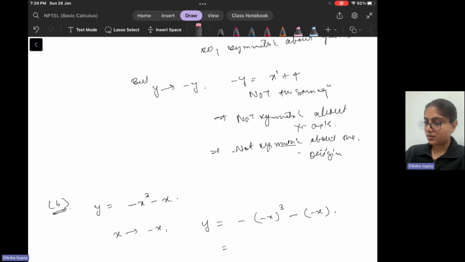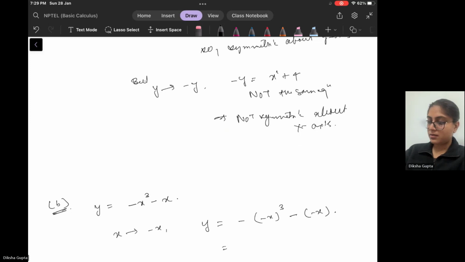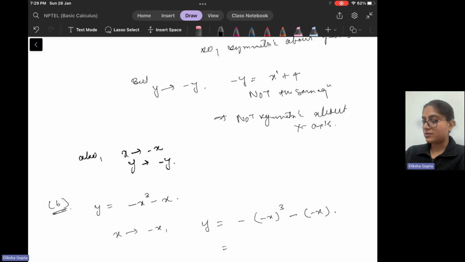This will not imply the same equation. Also, you have to simultaneously replace x and y with minus x and minus y to check the symmetry about the origin.